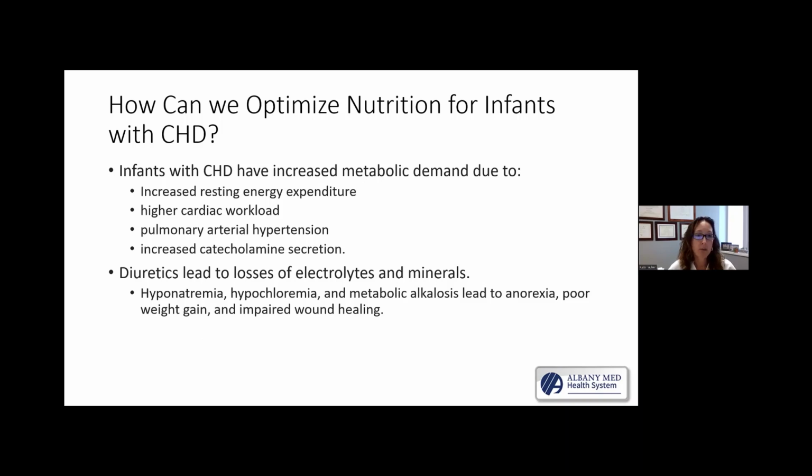So we discussed a little bit before that infants with congenital heart disease have increased metabolic demand, and this can be due to increased resting energy expenditure, a higher cardiac workload, pulmonary arterial hypertension that we mentioned before, and this increased catecholamine secretion that these infants often have. In addition, the diuretics that they are often on can lead to electrolyte and mineral imbalances, like hyponatremia, hypochloremia, metabolic alkalosis. These can all lead to anorexia, poor weight gain, and impaired wound healing.